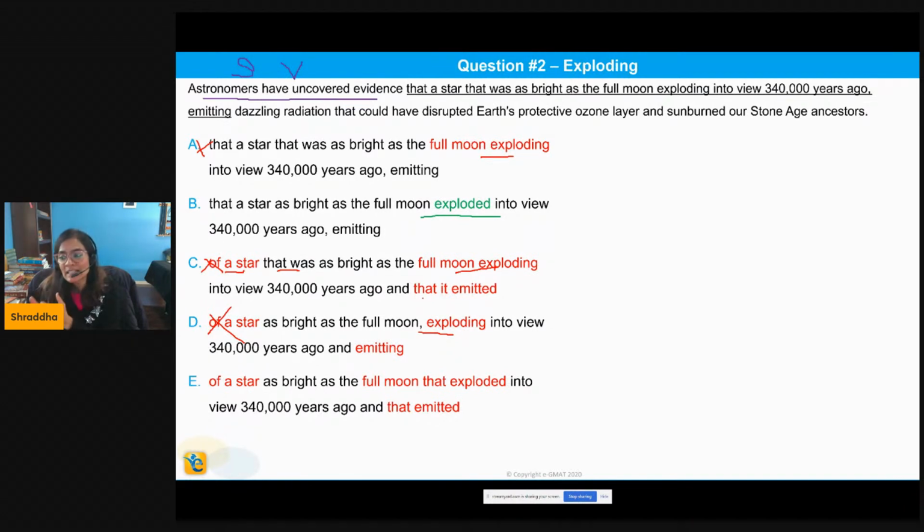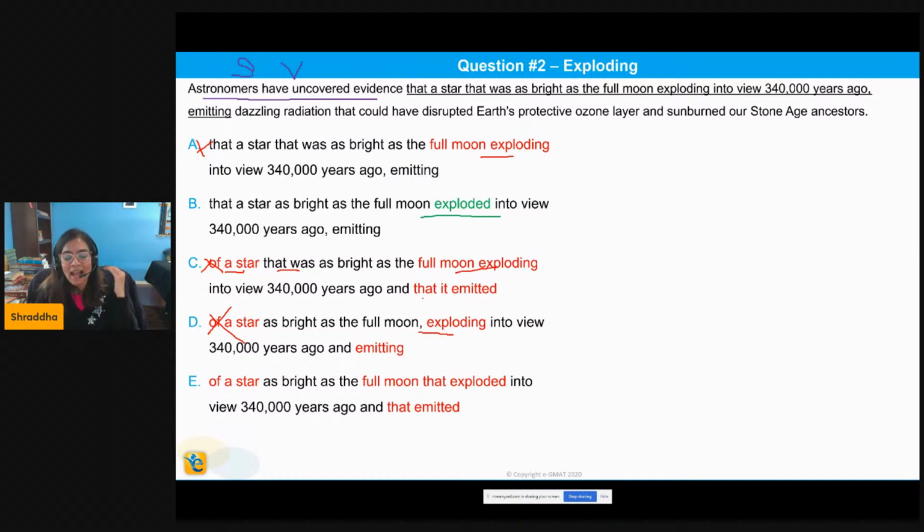That how, if I see something like this in a sentence, I will have to take it back to whatever action or whatever clause I have available, and then analyze, does it really make sense to say that because astronomers have uncovered evidence, they exploded into view and they emitted dazzling radiation? That's absolutely illogical. So choice D is out.